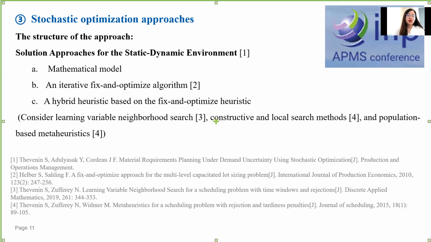And we also want to try a hybrid heuristic algorithm based on the fix and optimize heuristic. Now we consider learning variable neighborhood search, constructive and local search methods, and population-based metaheuristics.